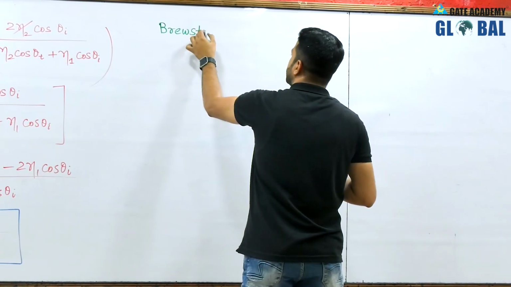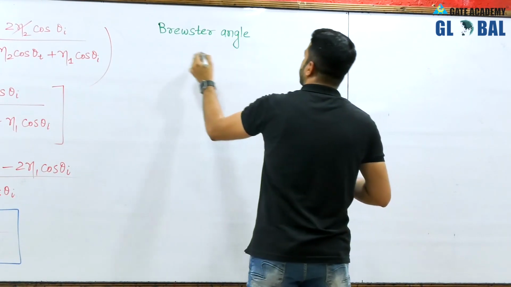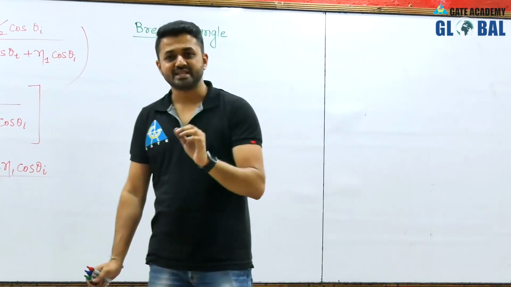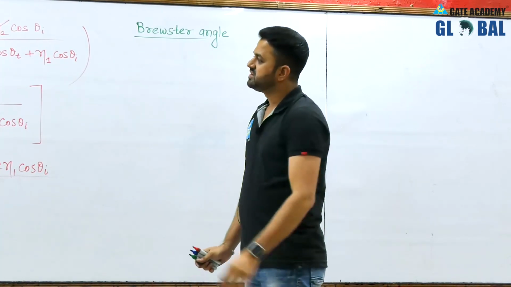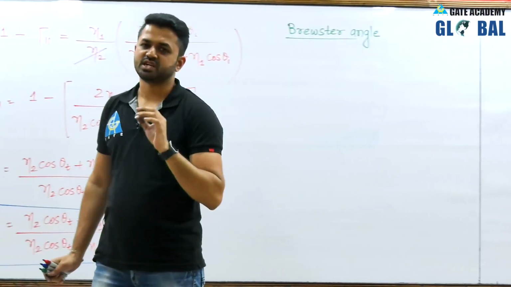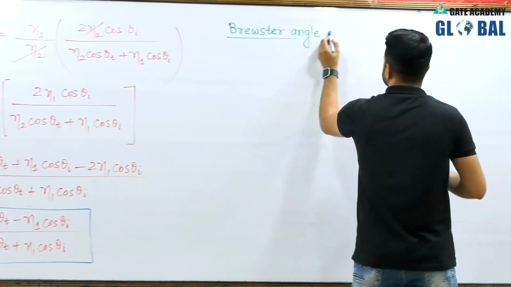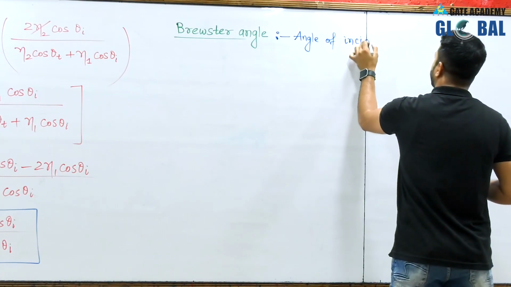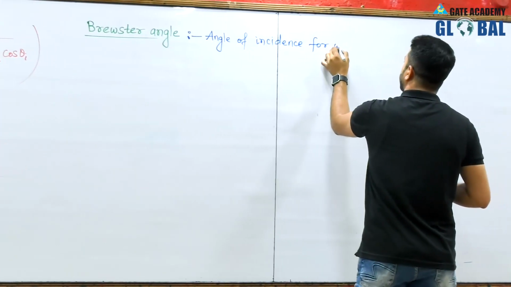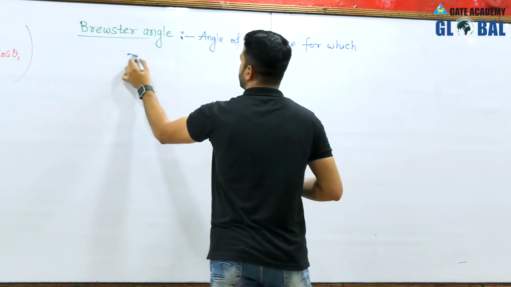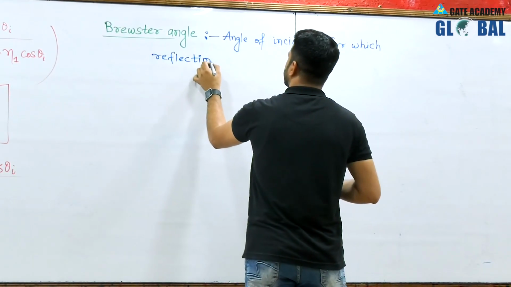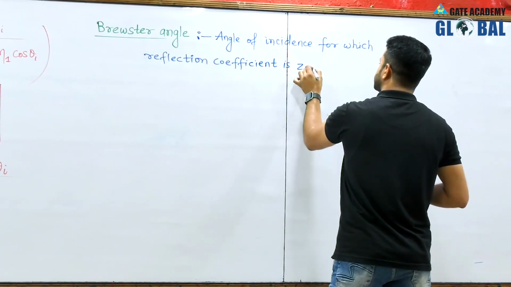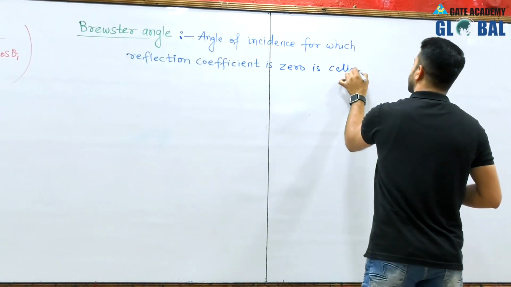So next is Brewster angle. Brewster angle is the angle of incidence for which the reflection coefficient is 0. The angle of incidence for which the reflection coefficient is 0 is called Brewster angle.